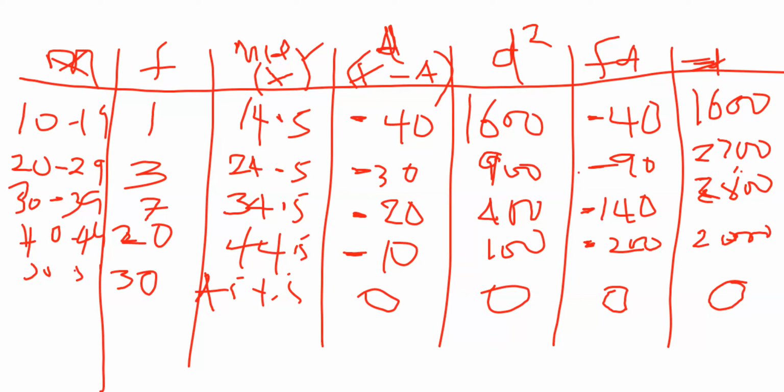That means the frequency column is multiplying the D square column to give us the last column on this board, FD squared. And the values are 1,600 for the first group, 2,700 for the second group, third group is 2,800, fourth is 2000, fifth is 0, the sixth group is 2200, the next one is 4000, the one that followed is 4005, and the last group of 90 to 99 is 3200. Any questions?